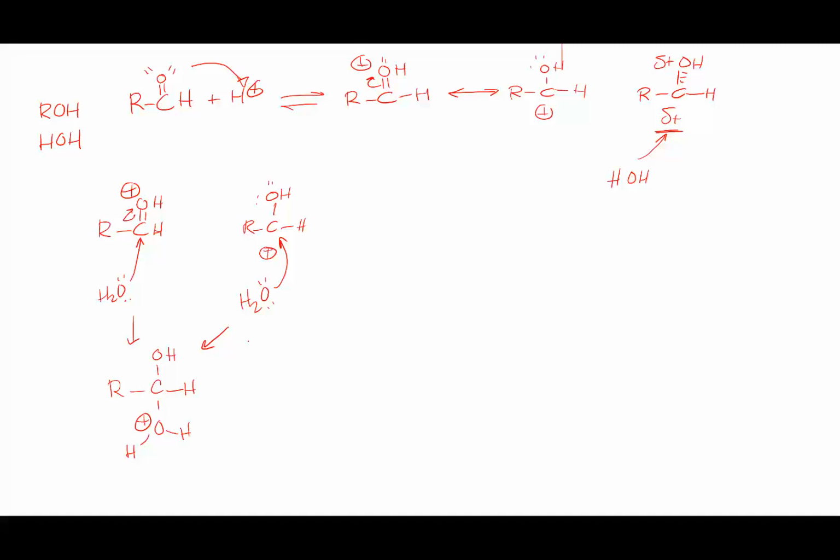So in both cases, I'm going to end up with that oxonium ion. And what's that oxonium ion going to do? And I, again, should probably put equilibrium arrows here because the water can add, or the water could leave. And so now when I lose my H plus, I'm going to end up with this.